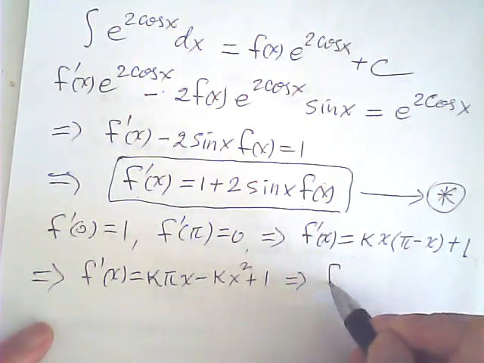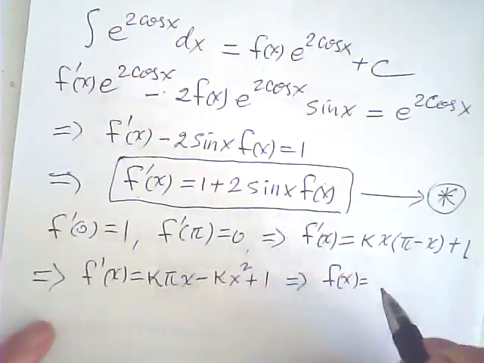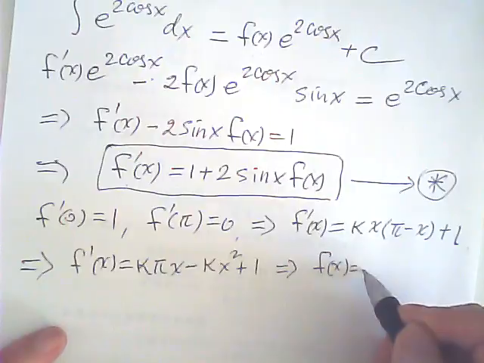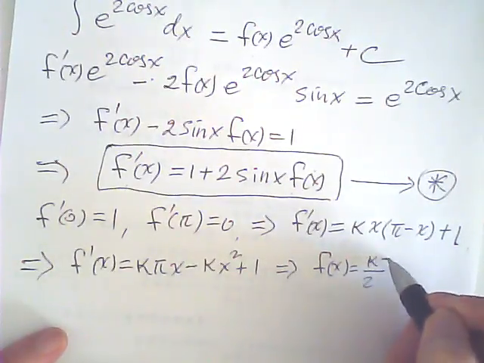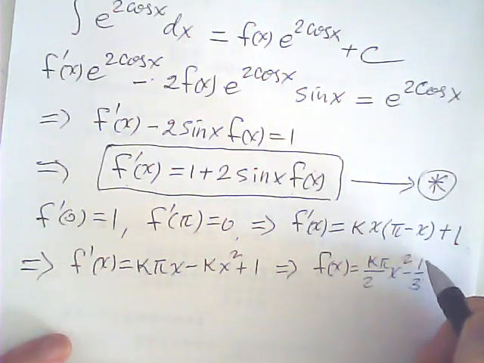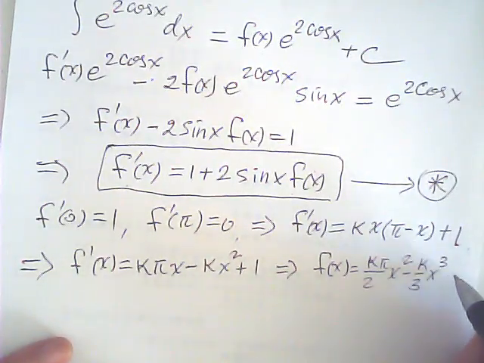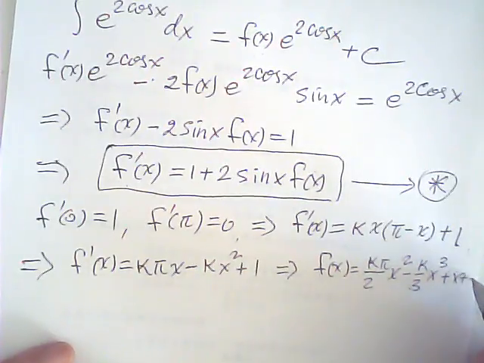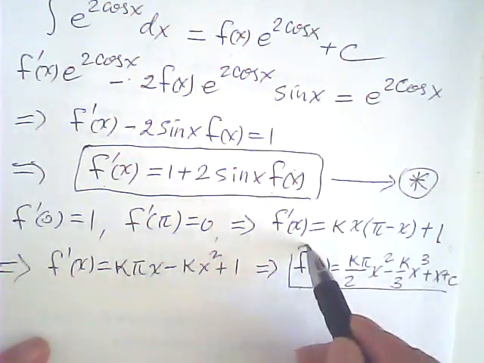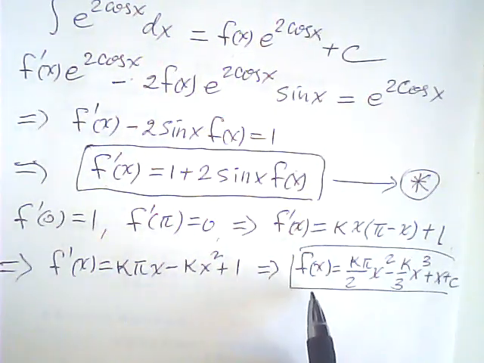So we can have f of x by integrating this one. This is k pi x squared over 2 minus k x cubed over 3 plus x plus c. So this is my f of x.